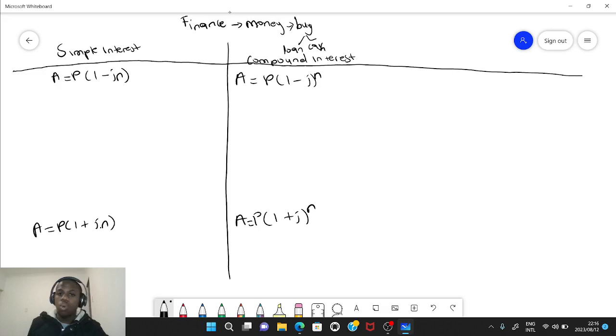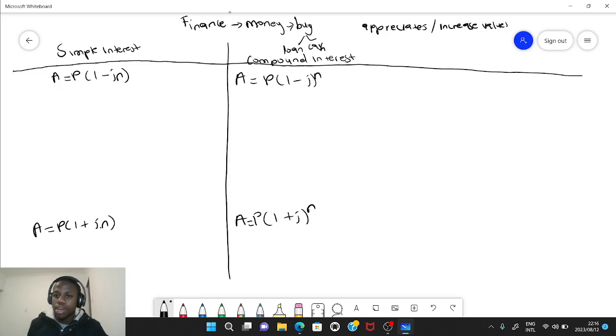When we say something appreciates, it simply means its value increases. So its value does what? Increases. It's increasing in value, right?